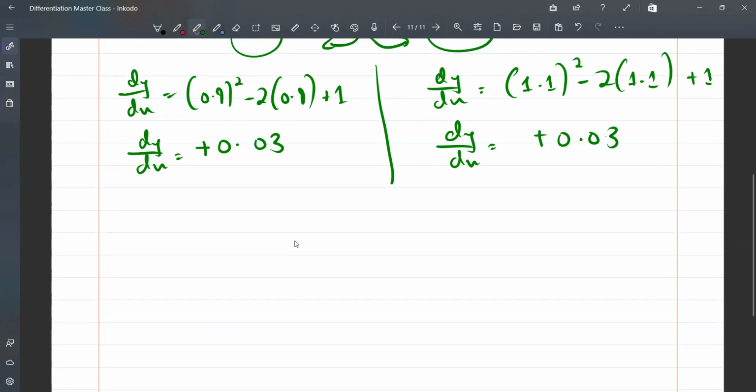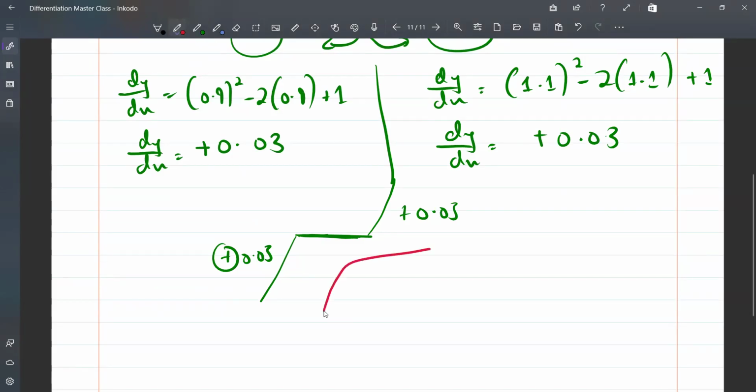So this is the stationary point, with positive on both sides, and the curve would be something like this. When both are positive, we know that a point of inflection exists. There's no need to draw this.